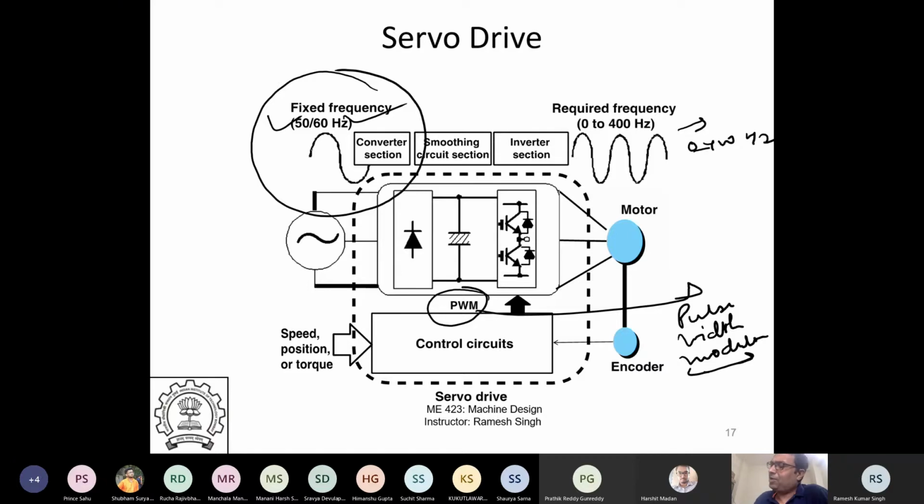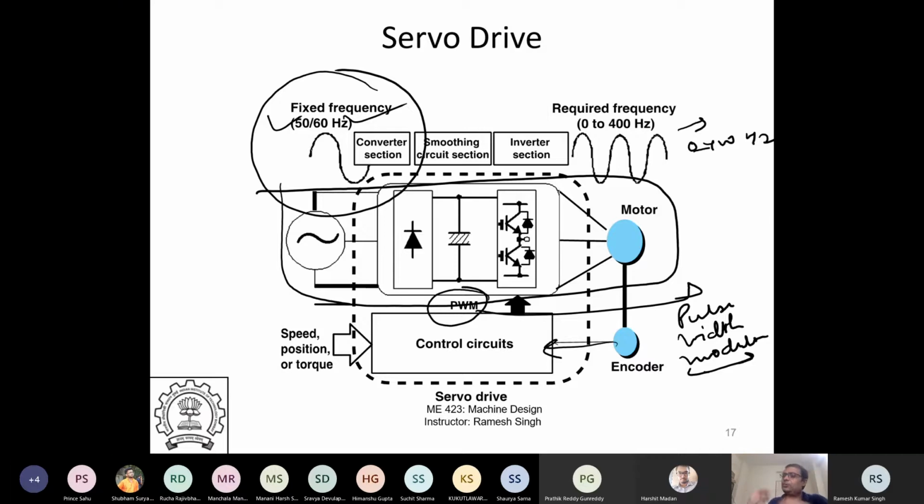So your servo drive contains control circuits and the current circuit, which is like an inverter: converter, smoothing, and inverter sections. This section converts 50 hertz to 0 to 400 hertz, which finally goes to the motor. The control circuits take the signal from the encoder, which is the sensor feedback, and amplify the error signal to control the position.